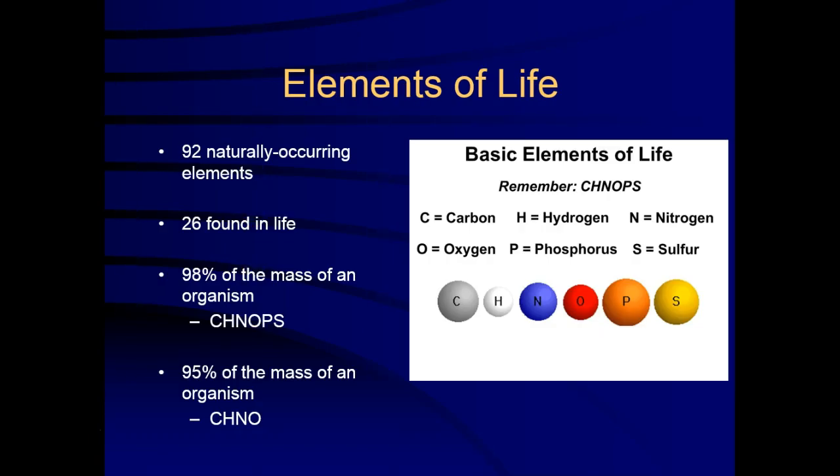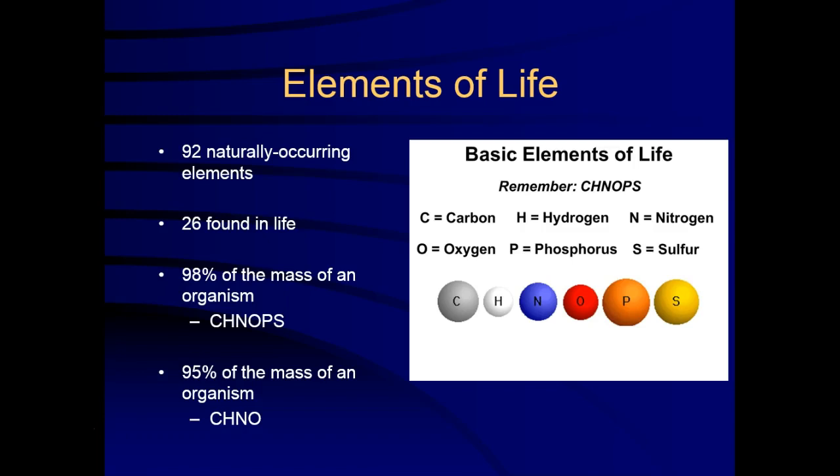Now, when we look at the periodic table, we find that 92 of those elements are naturally occurring on the Earth and in the universe. The additional ones, that you might see that we have 118 elements on the periodic table. A lot of those really heavy elements that are above 92 are actually produced in labs.